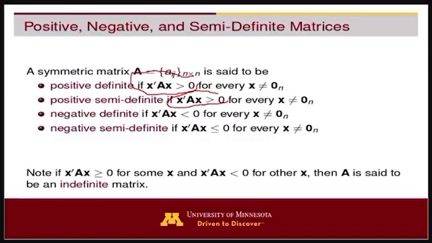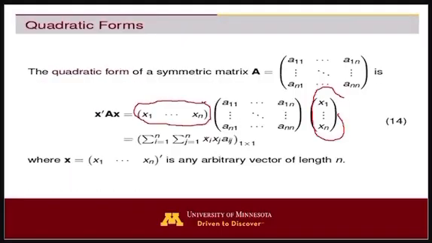For you to be able to investigate the quadratic form, you need to multiply three things, X transpose A X, and whatever you get can be investigated. And that's exactly what you see.